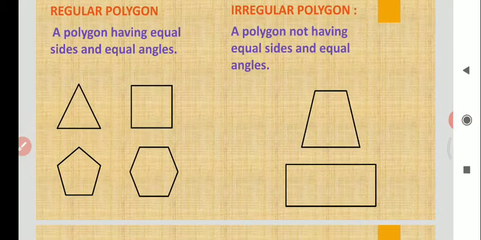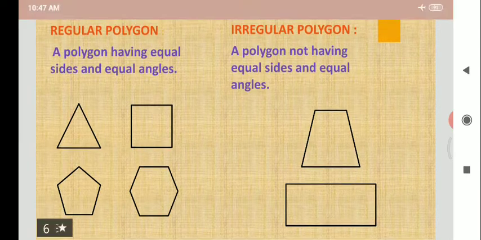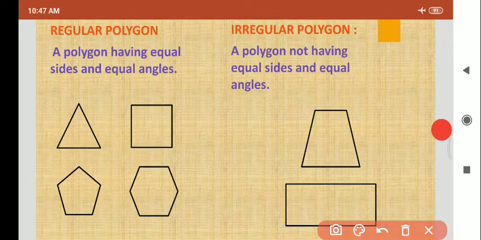So first we will discuss what a polygon is. A regular polygon has equal sides and equal angles, like an equilateral triangle, square, pentagon and hexagon. So these are regular polygons.